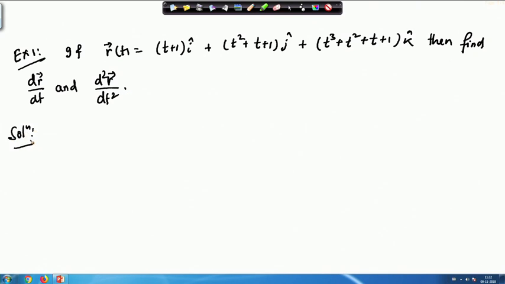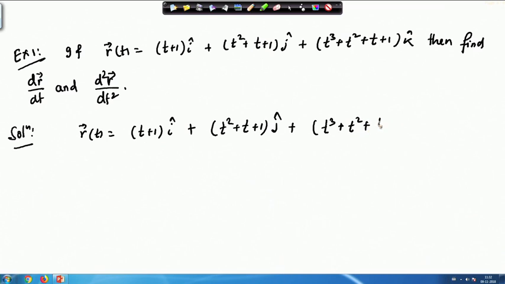So, now we are practicing a few examples. All right. We have a given vector function r(t), which is (t plus 1) times i, then (t square plus t plus 1) times j, and then (t cube plus t square plus t plus 1) times k. These are all the components along the x, y and z directions.